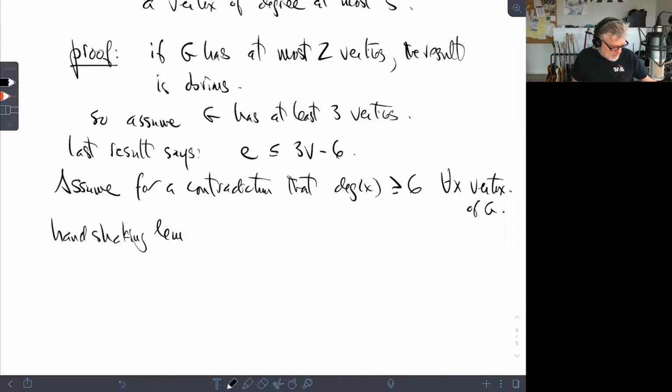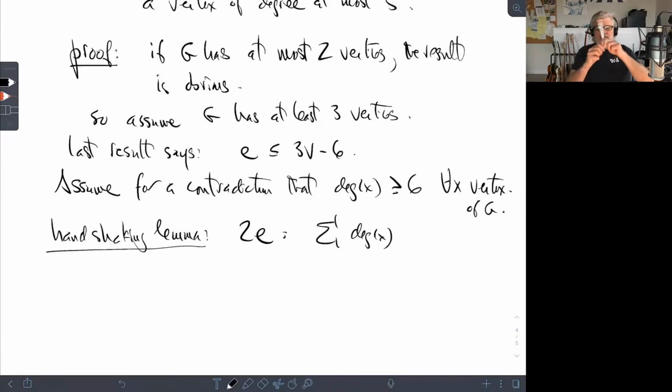The handshaking lemma says if you count the number of handshakes that everybody gives at a party, you'll be counting twice the total number of handshakes, right? In other words, 2E is equal to the sum of all degrees, right? So if you count all the edges incident to every vertex, you'll be counting every edge exactly twice because you'll count it for one side and then you'll count it for the other, right? So the handshaking lemma says that twice the number of edges is exactly the sum of all degrees.